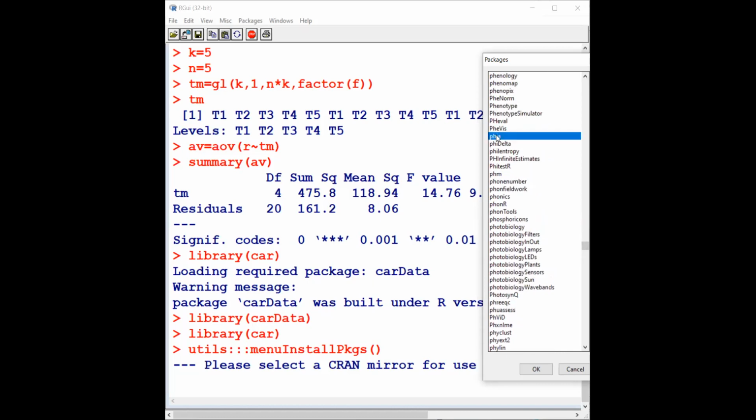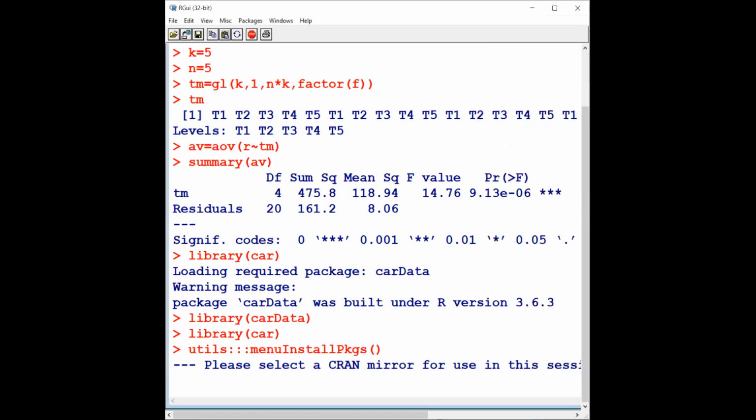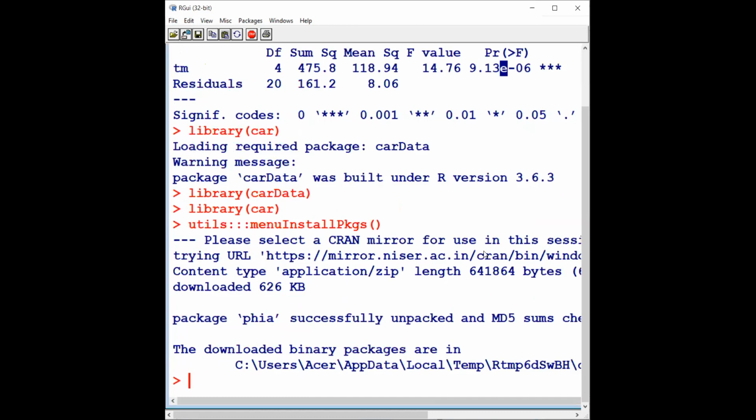After that, I'm going to load this package here.